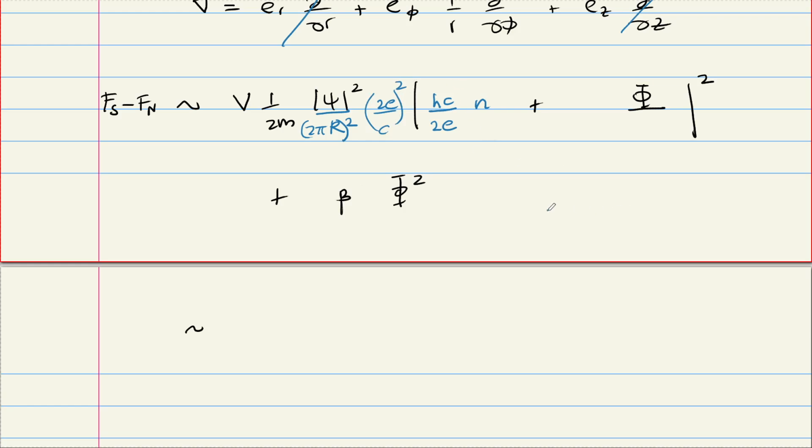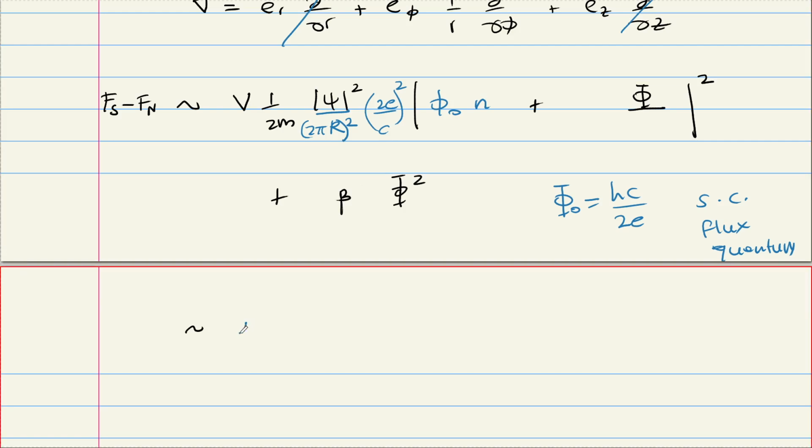And this thing I want to define as phi naught, hc over 2e, the superconducting flux quantum. Then at the end my free energy is going to be some alpha times n phi naught plus phi, squared, plus beta times phi squared.